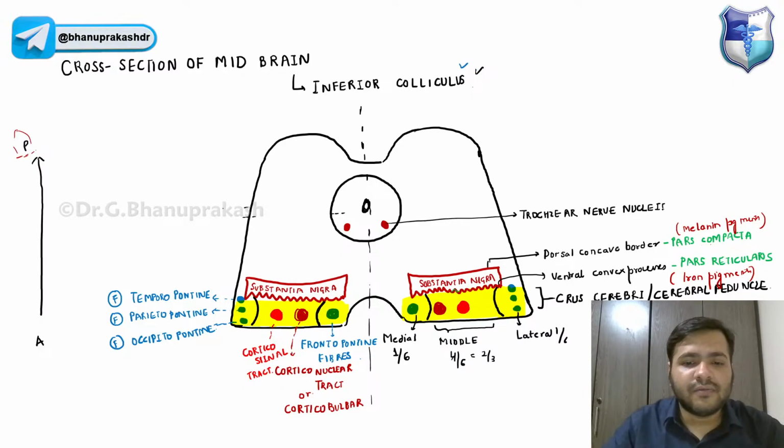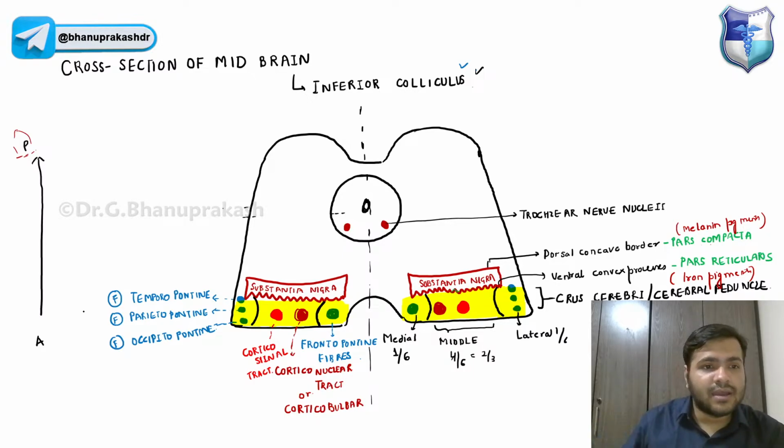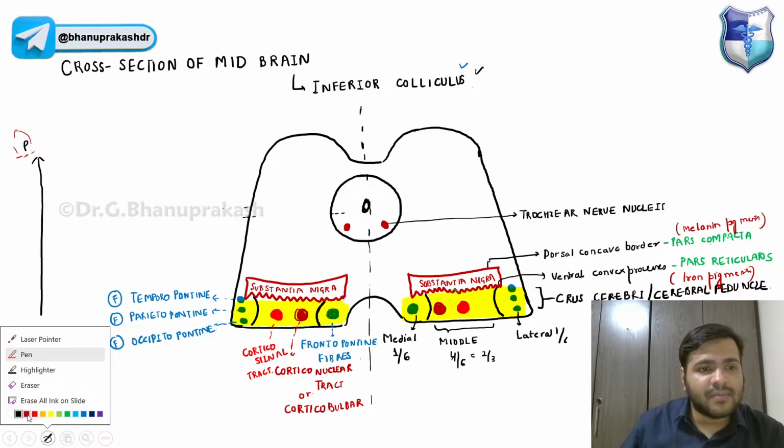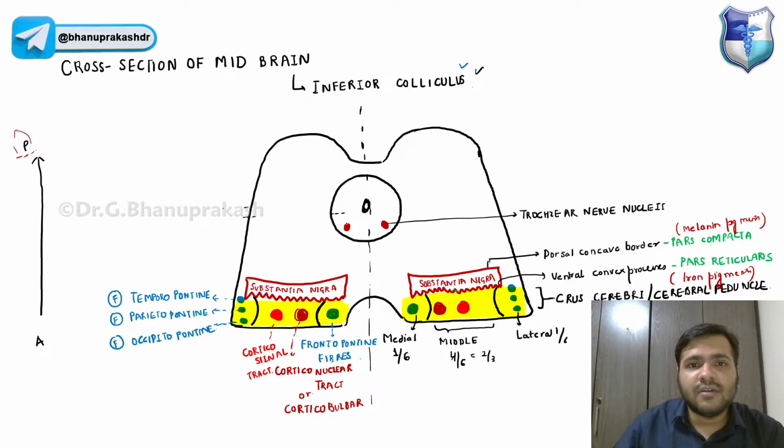And guys, from here the nerve will pass, that is called the trochlear nerve. It will pass from the central gray matter, and it will be coming from either side, guys.